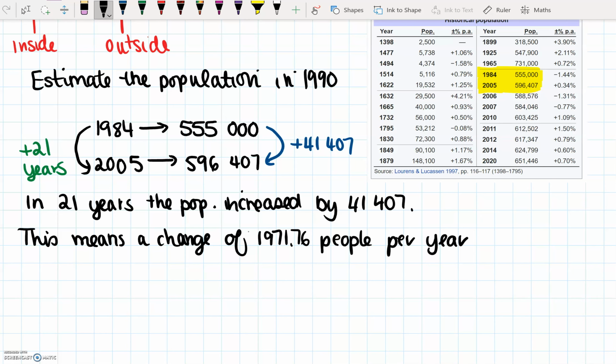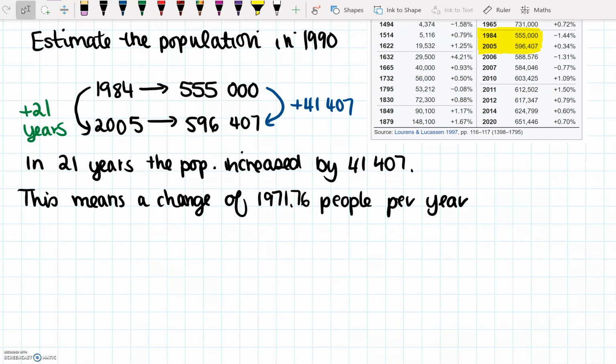Now we wanted to know 1990. So from 1984 up to 1990, and again I've put it way too far to the left, so this is making it difficult. From 1984 to 1990, that is a change of 6 years.